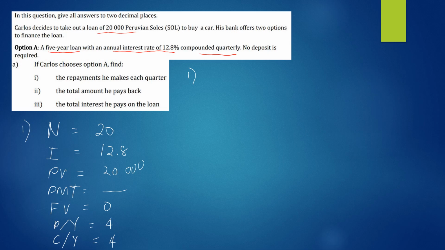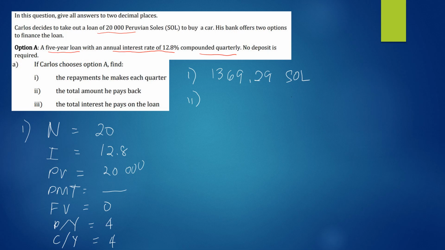I just round it off, but it's better if you're going to put first the original answer. So here I'm going to write the final answer, 1369 Peruvian sol.